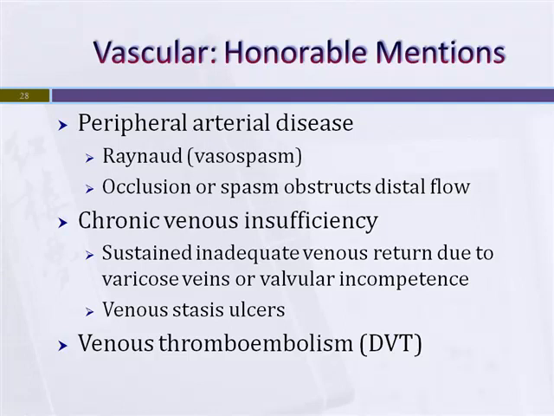We go in and insert this little filter that's kind of like an umbrella that just sits in the blood vessel, and it's got openings through it so that the blood can continue to flow back towards the heart. But hopefully the filter is fine enough so that the clots don't go through.